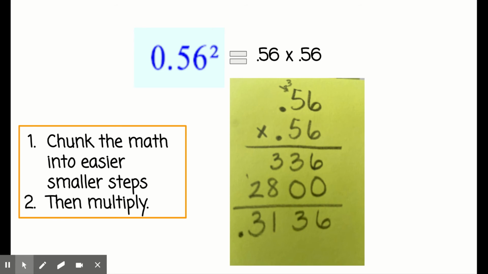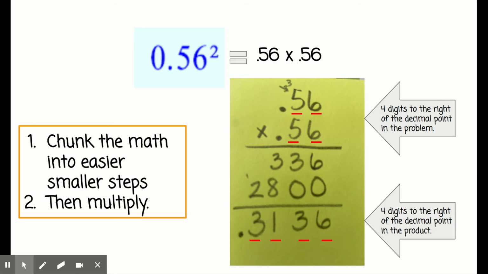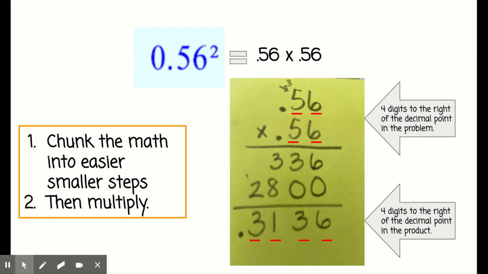So what I do is I multiply like I normally would. I pretend those decimal points aren't there. But then I have to remember that in my problem, I have 4 digits to the right of the decimal point. So I must have 4 digits to the right of the decimal point in my answer. So that's something important for you to remember as you are multiplying decimals.